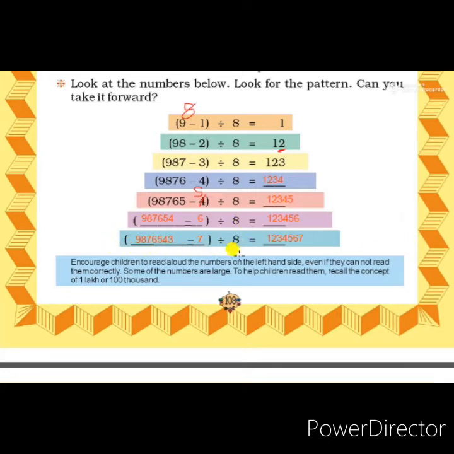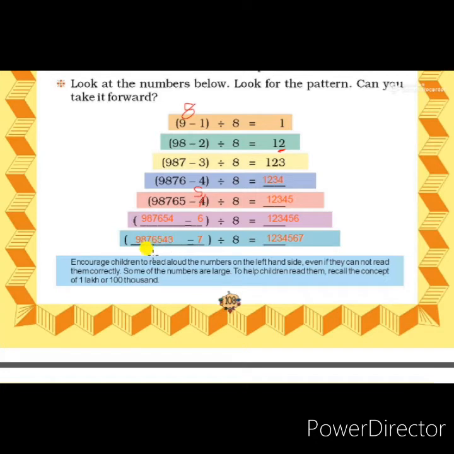In this, if you follow this pattern, we can easily find the next number in this column. What will be the next number? Here we have used up to 4. In the next column we have to use the numbers up to 3. So what is the number we are using there? 9, 8, 7, 6, 5, 4, 3.